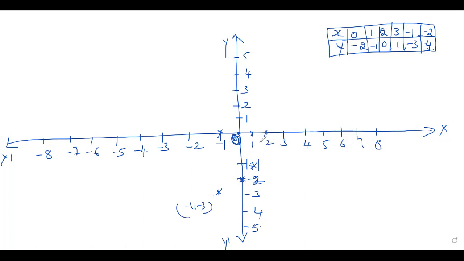And the last one is minus 2, minus 4. x is minus 2. It is here. Minus 4, come down. Right? So you will get here. This is minus 2, minus 4. Okay, we have the points here, children. Yes.